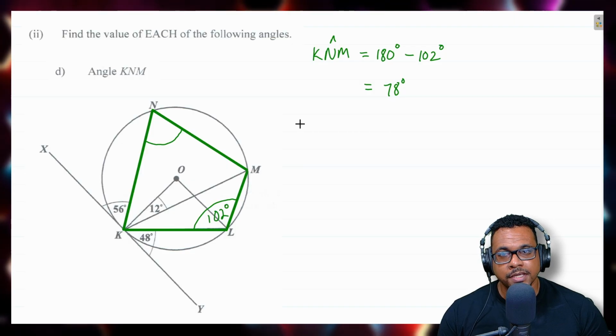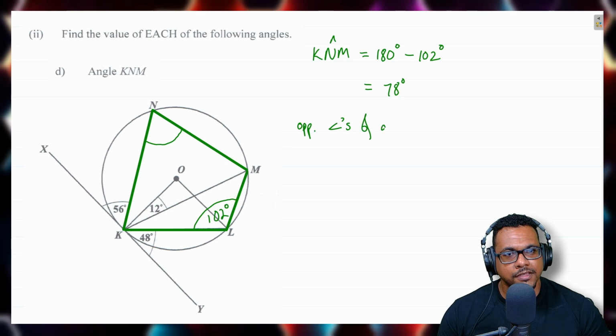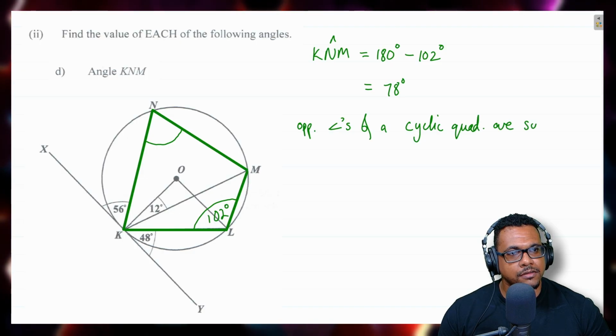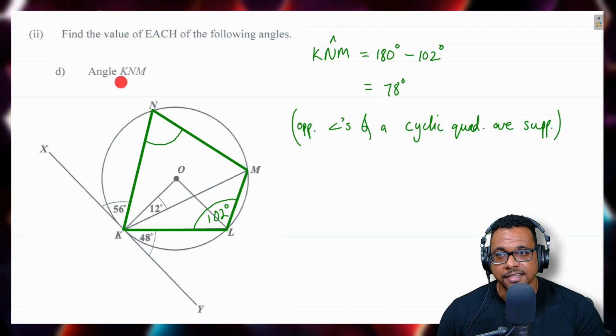And our reason would be that the opposite angles, OPP for opposite, angles of a cyclic quadrilateral are supplementary. All right, and that's your answer here, 78 degrees for angle KNM.